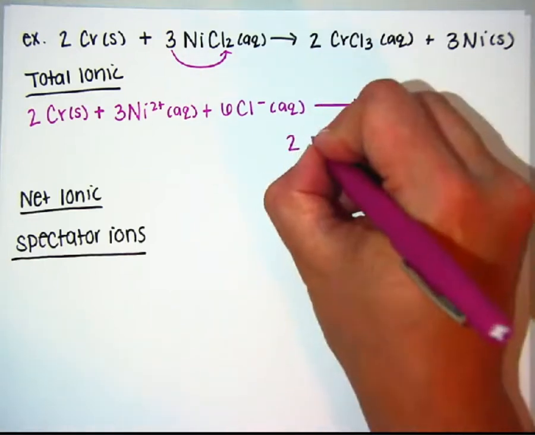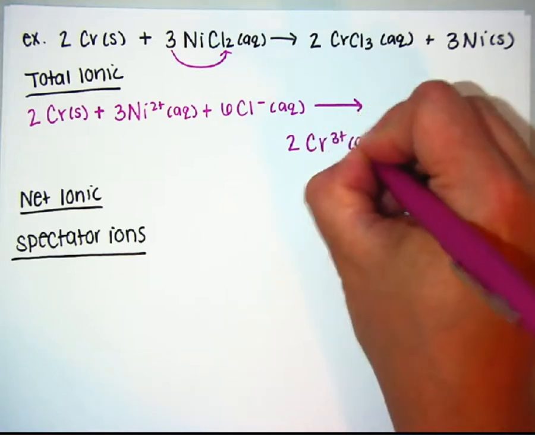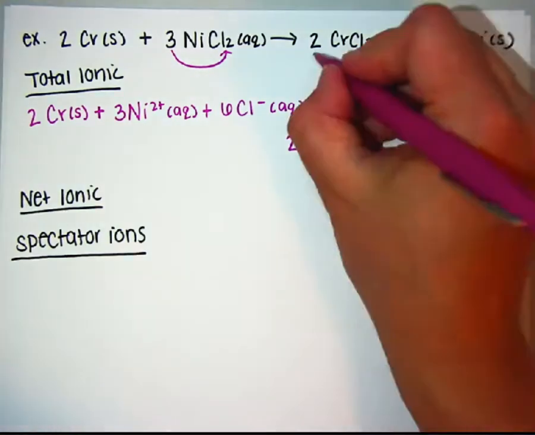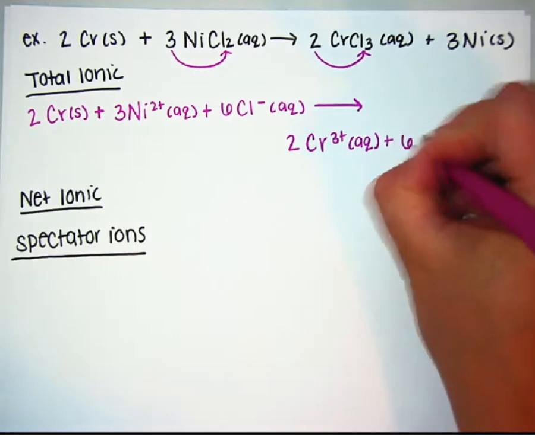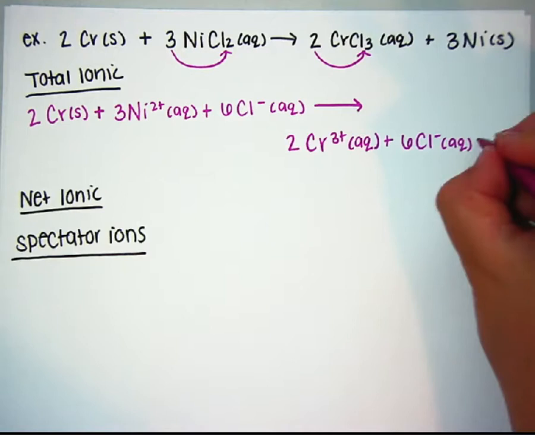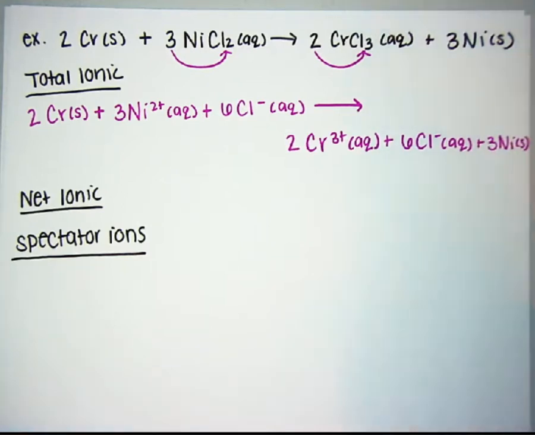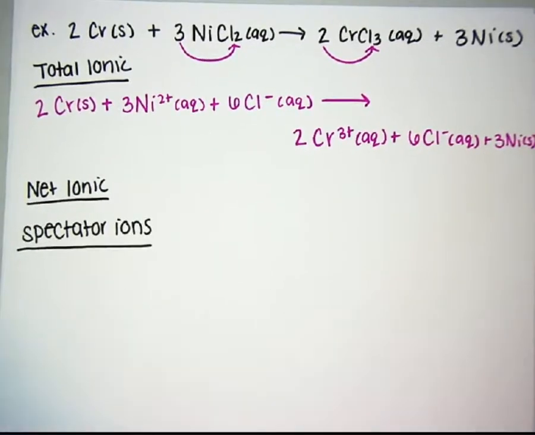Ions need charge. And again, this coefficient multiplies in, so 6 chloride ions. Nickel as a solid has not ionized, so it doesn't get a charge.